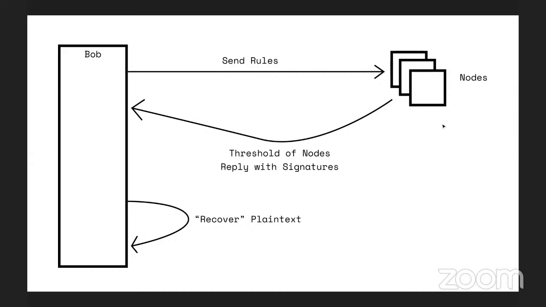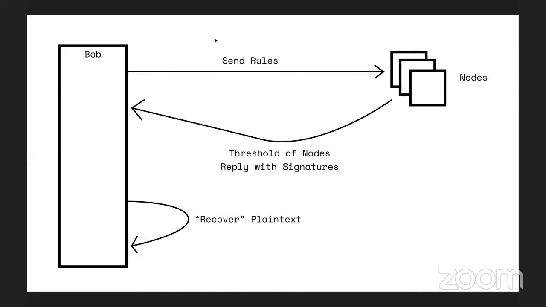Now that Bob has these rules, he can send the rules themselves as well as any proof he has. So if we use the simple example of, do you control this Ethereum address, he could send that and a signature to the nodes. Once a threshold of these nodes reply with a signature, those signatures can then be used to recover or decrypt the ciphertext back into its plain text.